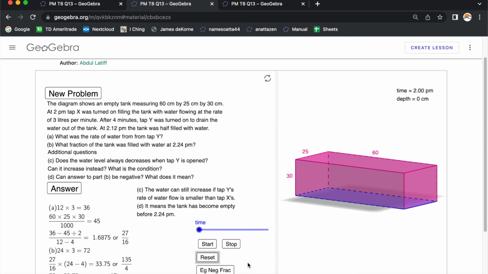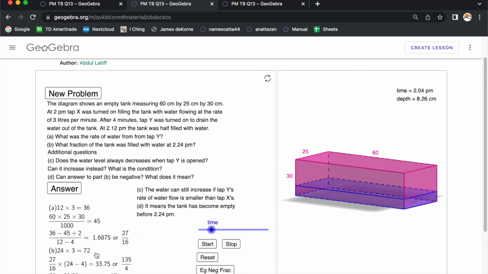So what will happen? Let's take a look at the simulation. Right, so you can see that the water level keeps on increasing even after 2.04, which is when tap Y was open for this particular case.